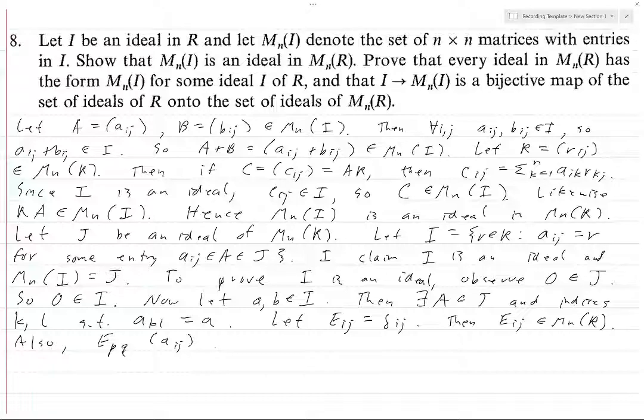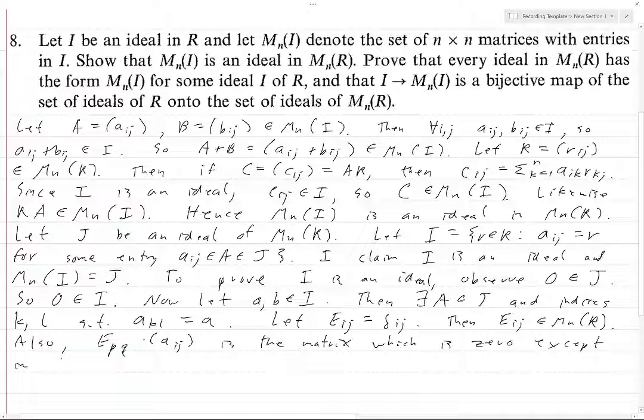So E_pq times A is the matrix which is 0 except in the pth row where it contains a_q1 through a_qn.